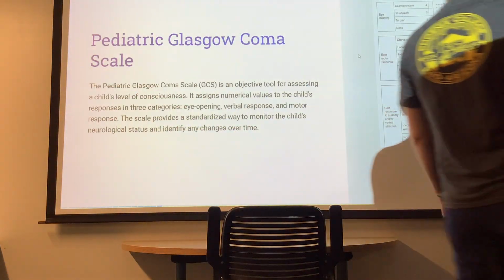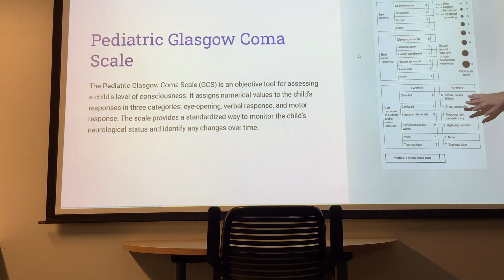For less than 2, when you're assessing their response to auditory or verbal stimulus, do they smile, listen and follow you? Are they crying and unconsolable? Do they have an inappropriate persistent cry? Is it high pitched? There's a very distinct neuro cry that they have.